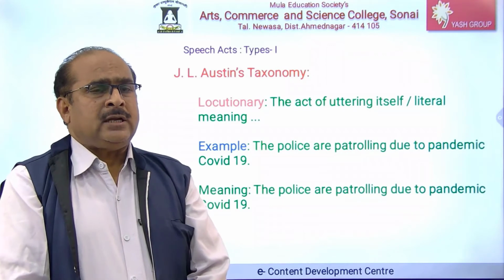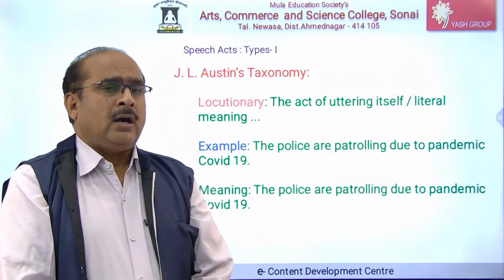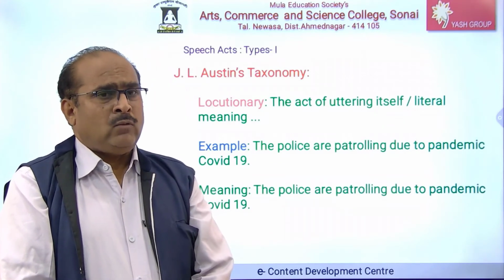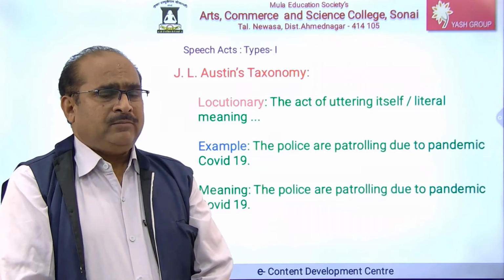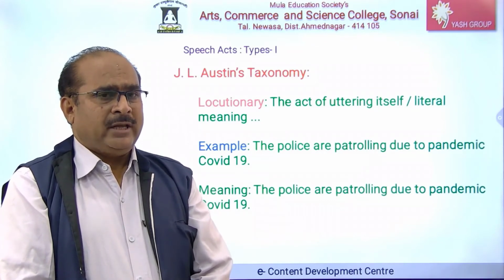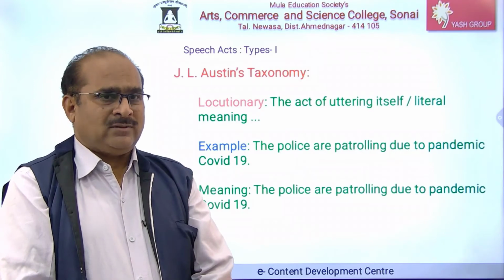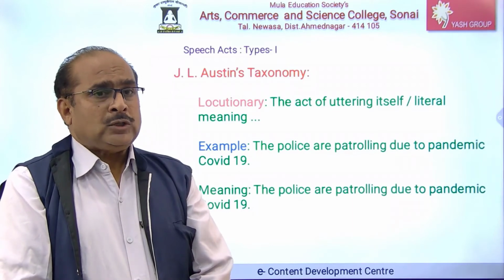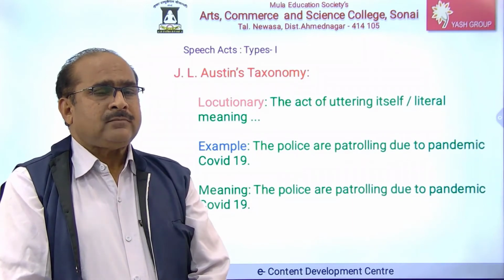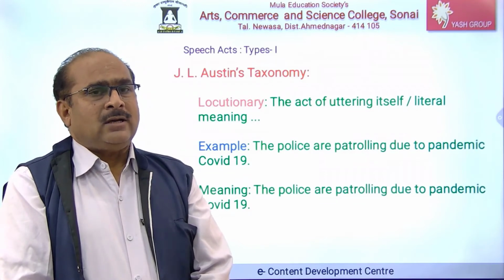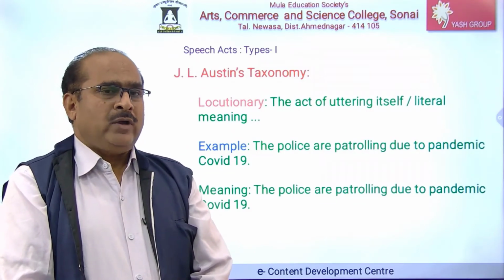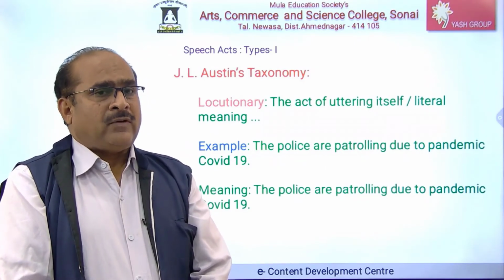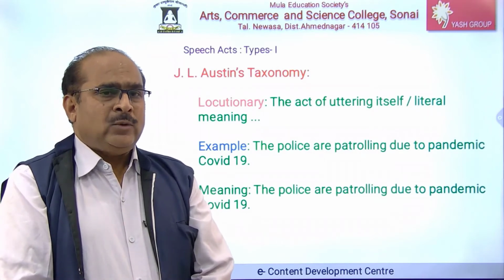So there are certain events in our life where utterances acquire a certain kind of importance. For example, when we have to name a little baby, there is a particular ceremony we have to organize. In Marathi we call it barse, that is naming the baby, giving a name to a small baby. As far as Hindu religion is concerned, only the paternal aunt, that is the sister of the father, can give the name to that baby.